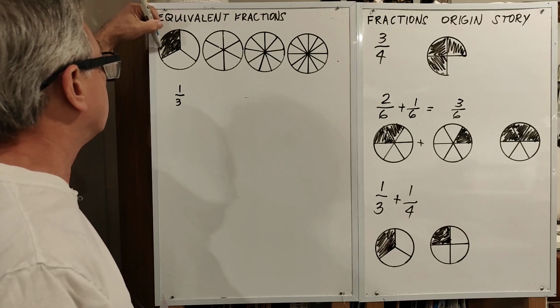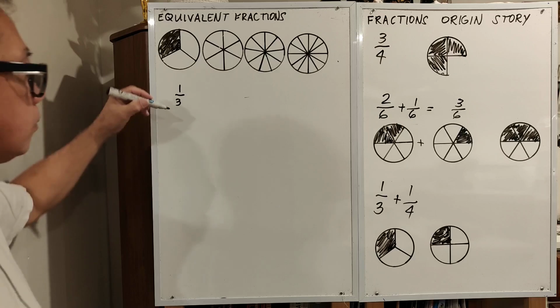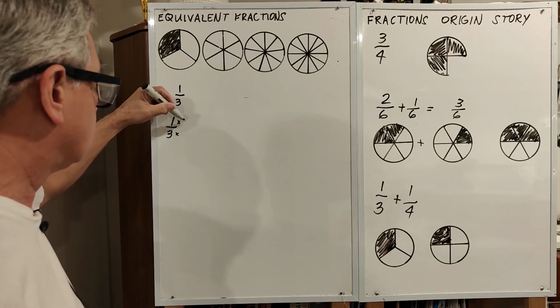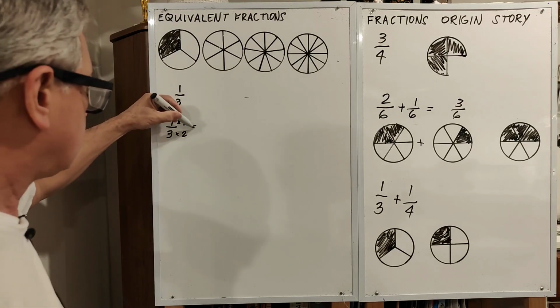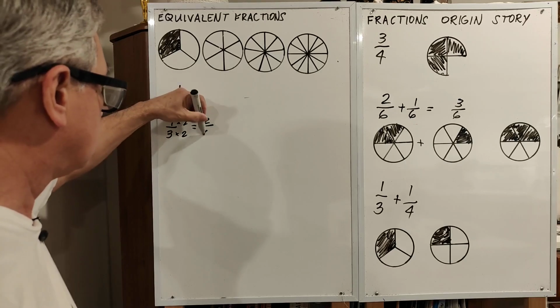Now, to get an equivalent fraction, let's say we multiply both numbers of 1/3 by the same number. For example, we multiply both by 2. So 1 times 2 is 2, 3 times 2 is 6.